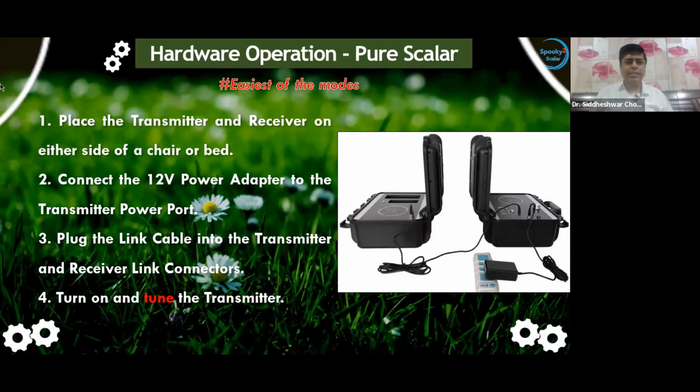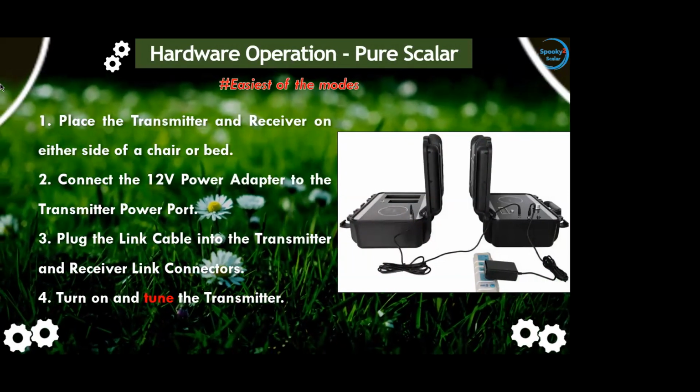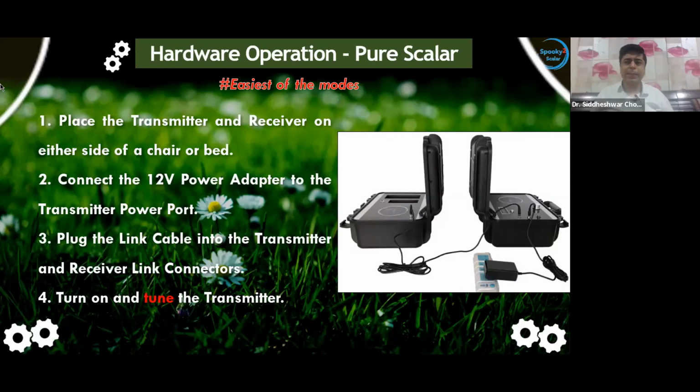Now let's get to the tuning of the pure scalar mode. As I said, the pure scalar mode is the simplest of all. What you have to do is place the transmitter and receiver on either side of a chair or bed, right?